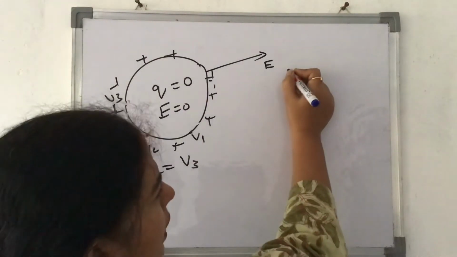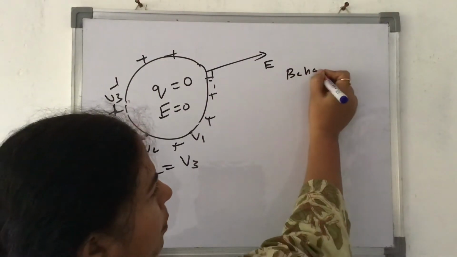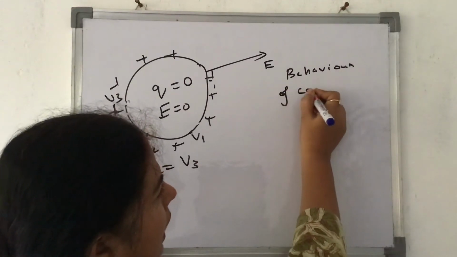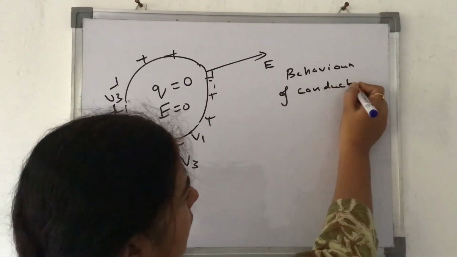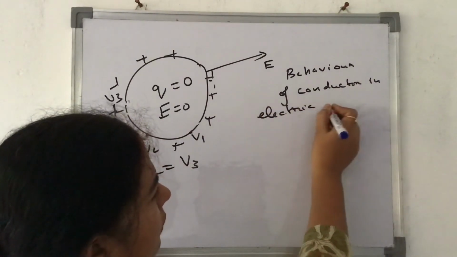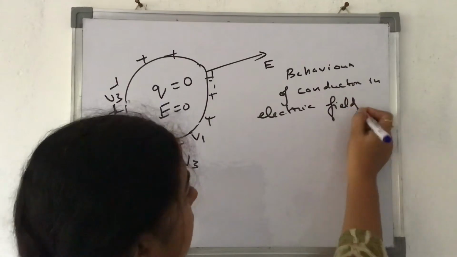So there are 4 points for the properties of a conductor in an electric field. This diagram itself is specifying them.